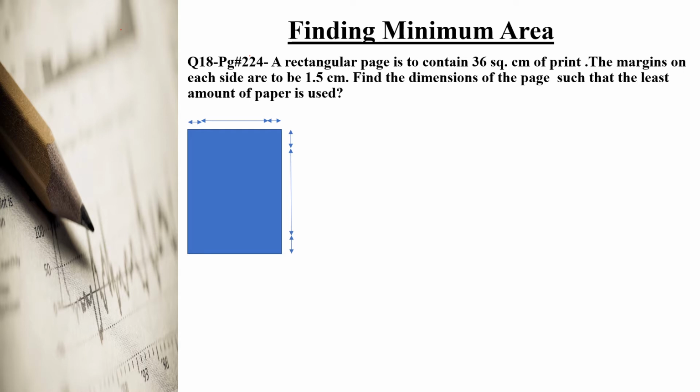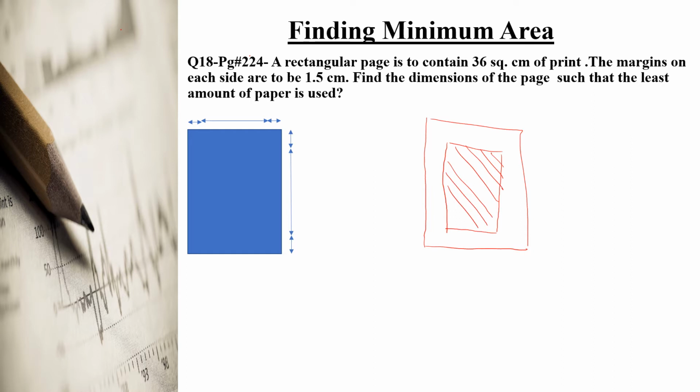The problem states that there is a complete page in which some margins have been left from top and bottom and right and left. Whereas on this side where I am making the lines, this is the printed area.